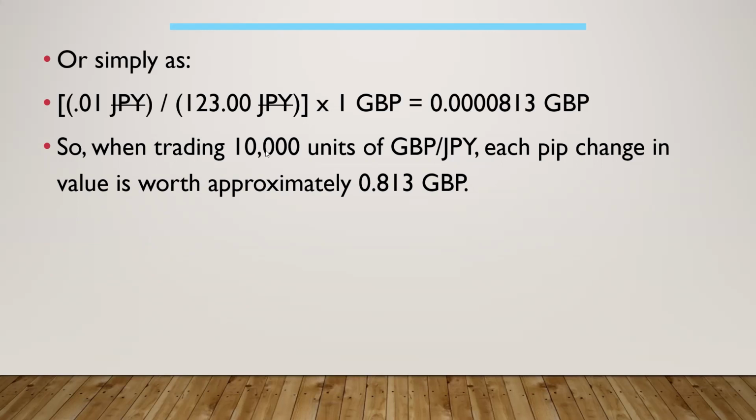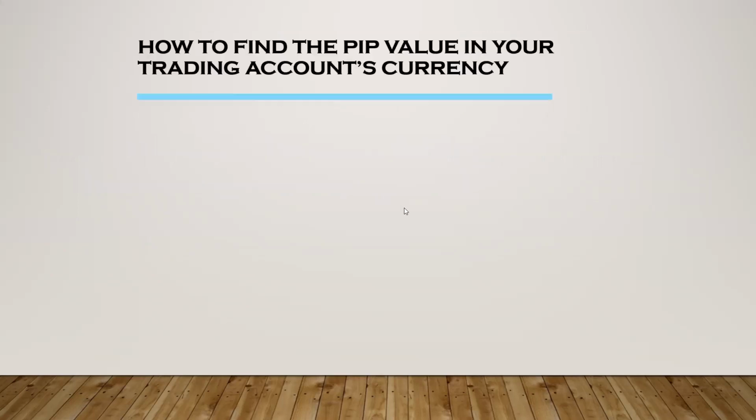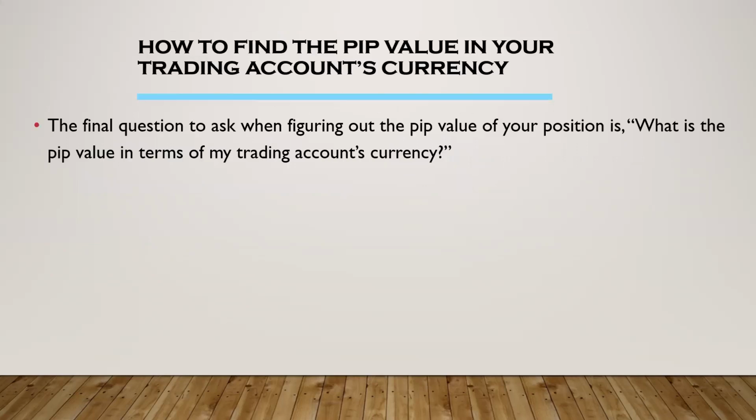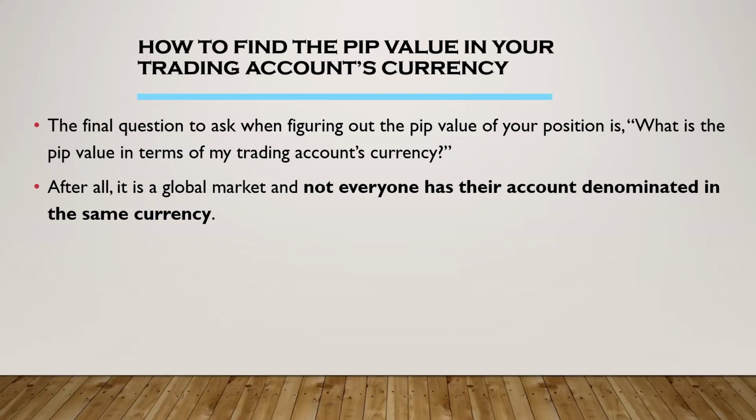Remember, we did 10,000 units of GBP JPY times this per pip value of GBP JPY to arrive at 0.813. So that is how you can find your pip value.